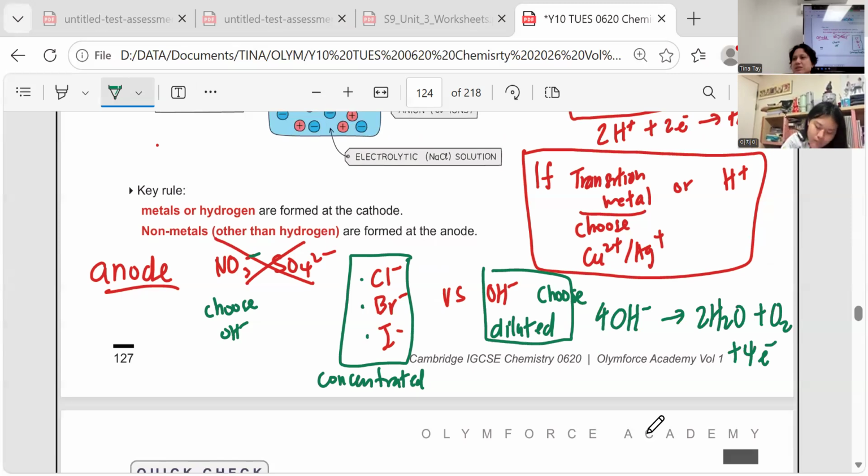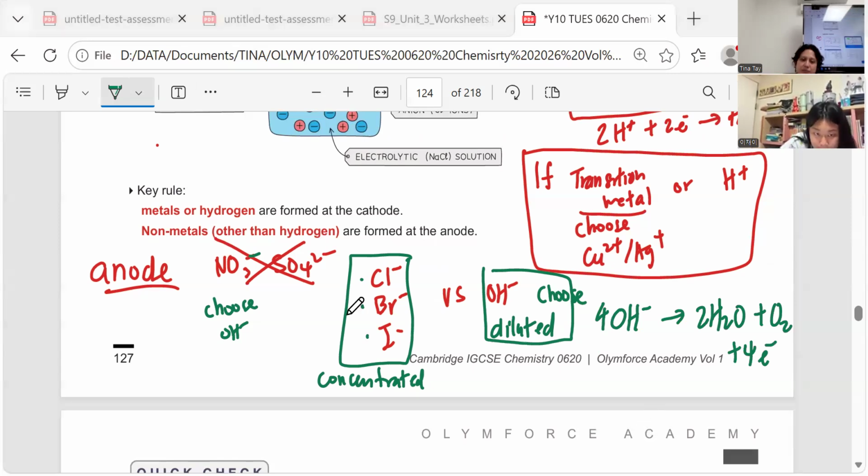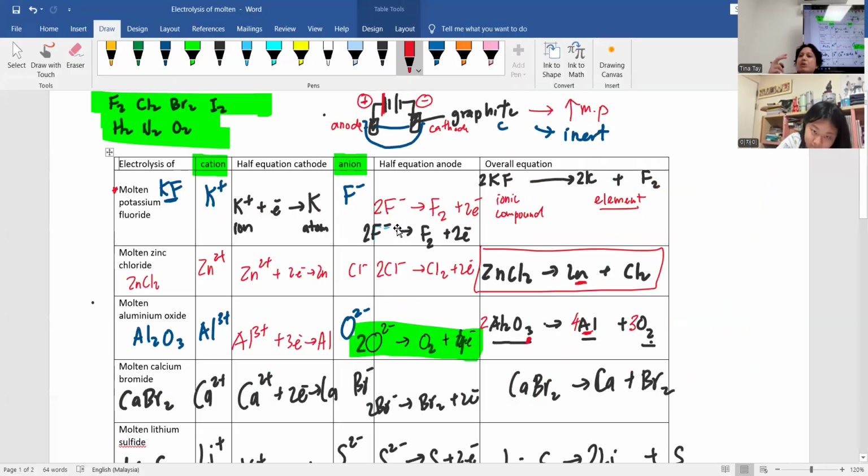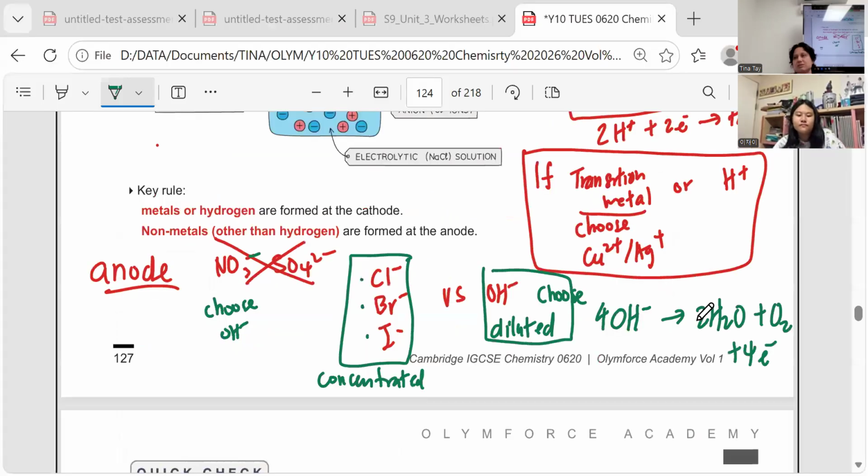Just now we did this one, we choose cation, anion, like that. Now you have 2 cations, 2 anions. You can only write one equation. So you must choose which one to write the equation. Okay, get it? Make sense? Alright.